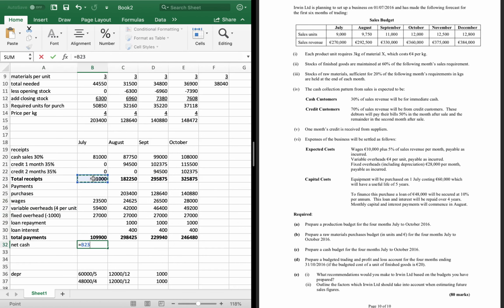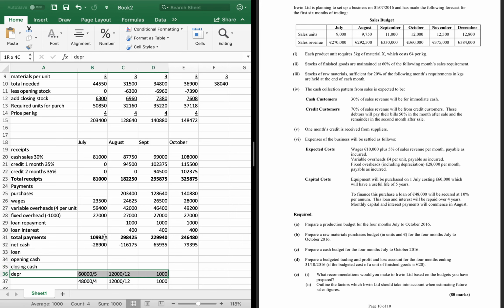So 81,000 minus 109,900. 182,250 minus 298,425. 295,875 minus 229,940. And 325,875 minus 246,480. So then you've got your loan and your opening cash equals your closing cash.